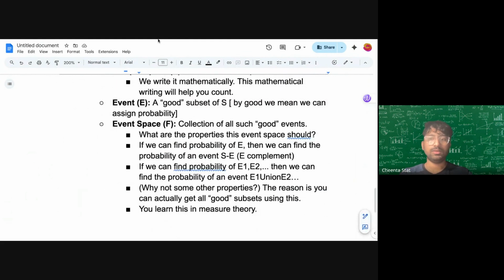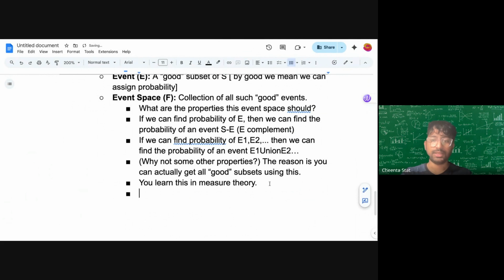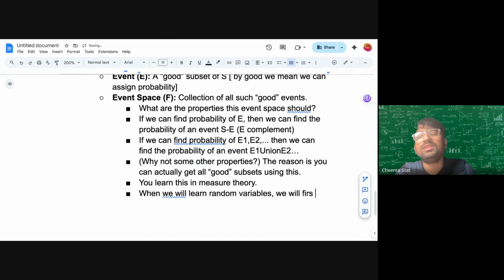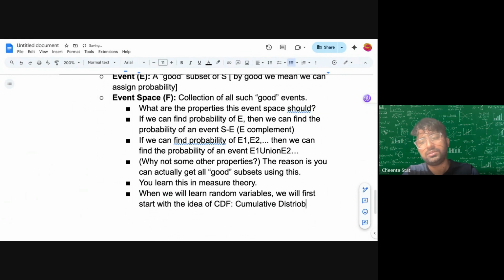One of the most important questions that it leads to, and this is very important: in random variables, when we learn random variables, we will first start with the idea of CDF, the cumulative distribution function, and we will see that we are asking for the probability of a very specific subset, minus infinity comma x closed.